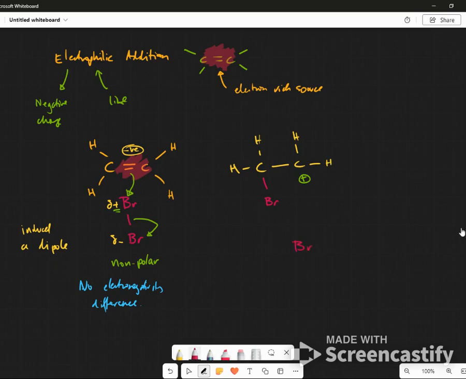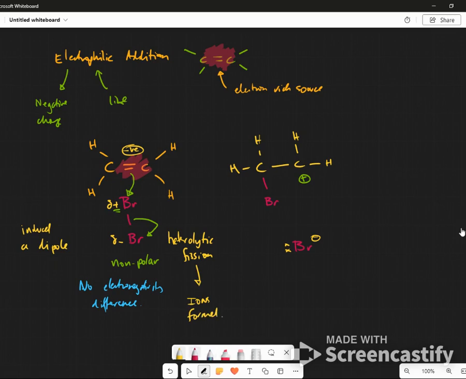Interestingly, it's grabbed on 2 electrons because in the fission here, both electrons go one way. So the type of fission is what we call heterolytic fission. Both electrons go onto the bromine, and when you have heterolytic fission, you get ions formed.